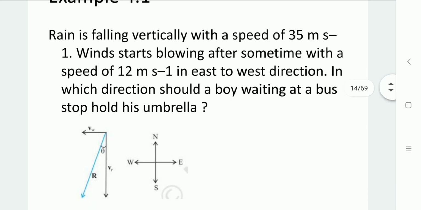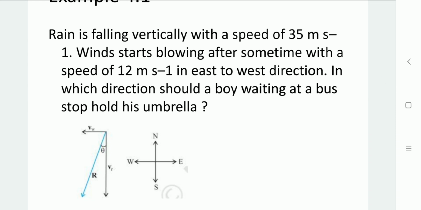So what is defined over here? As you can see in the diagram, first all the directions are defined: north, south, east, west. Now it is defined in the example that rain is falling vertically with a speed of 35 meters per second and wind starts blowing after some time with a speed of 12 meters per second in the east to west direction.